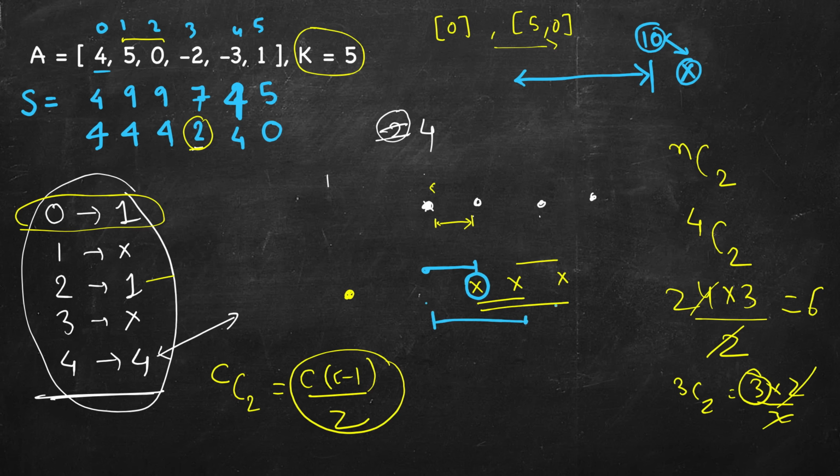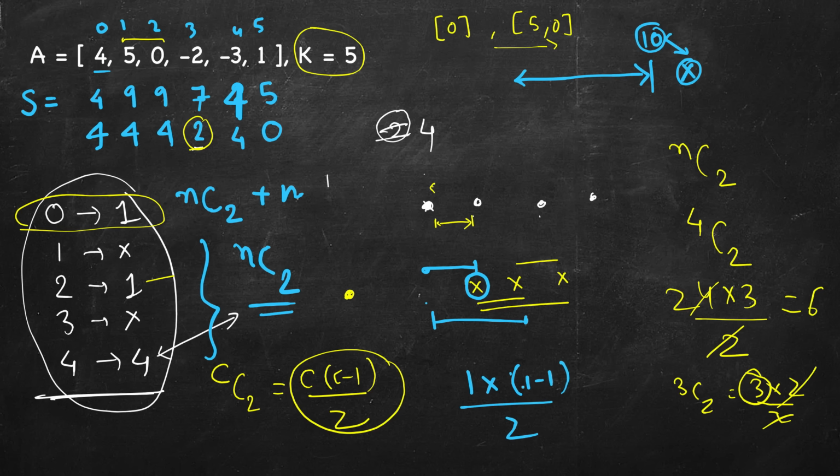Similarly for this, for each data point. So for the 0th case, we will write n choose 2 plus n. For all the other cases, we will add n choose 2. And hope this logic is clear. For 1, it will automatically be 1 multiplied by 1 minus 1 divided by 2, so this is 0.